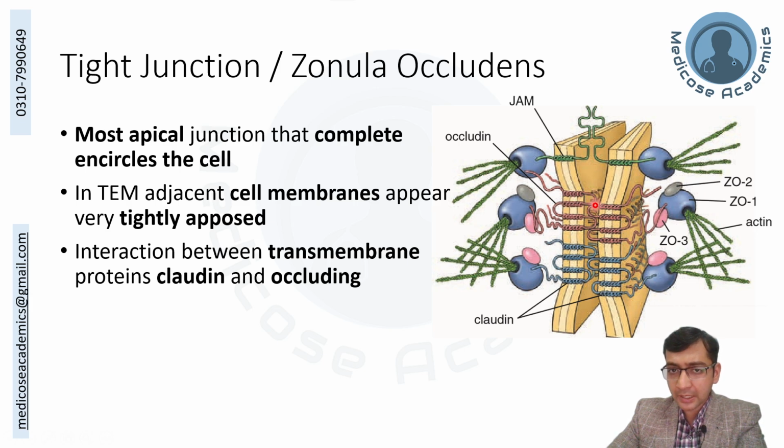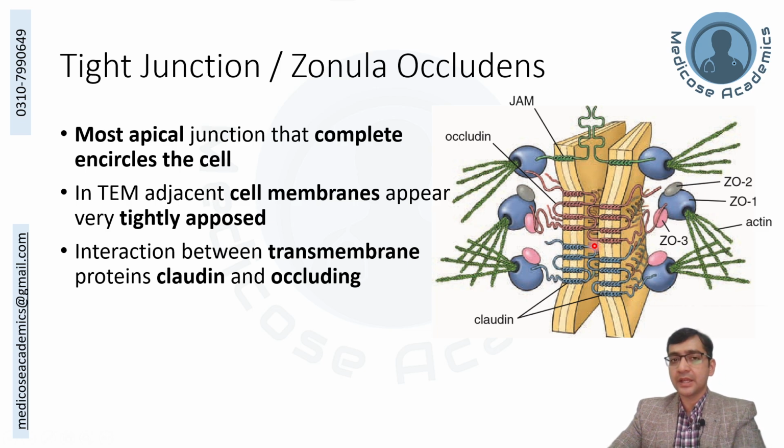It has a part that is extracellular and a part that is intracellular, and the extracellular domain of this transmembrane protein joins with the extracellular domain of the corresponding protein on the opposite side. That is how these two cells get attached to one another.